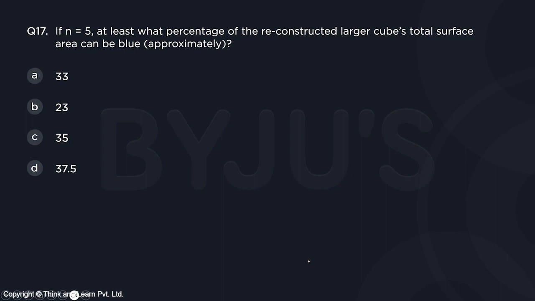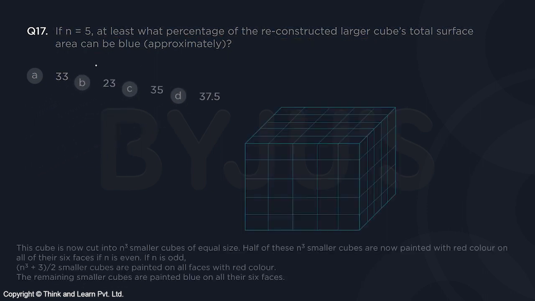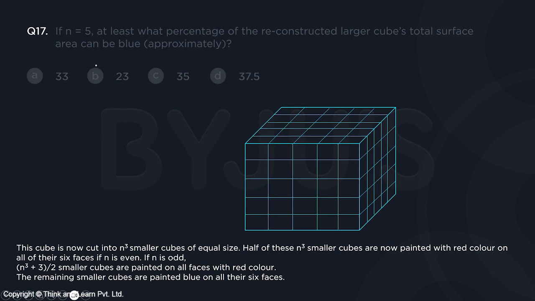The first question: if n is equal to 5, at least what percentage of the reconstructed larger cube's total surface area can be blue? Let's talk about it. Question says at least what percentage. So I want to minimize the percentage of the reconstructed larger cube surface area that can be blue. So for your convenience, I have made a cube here.